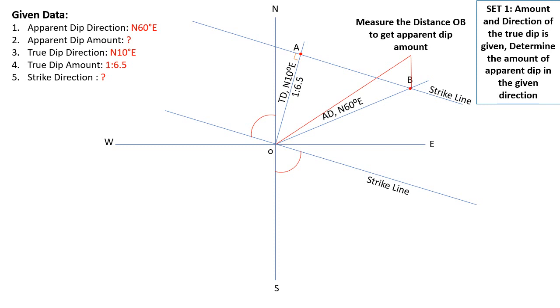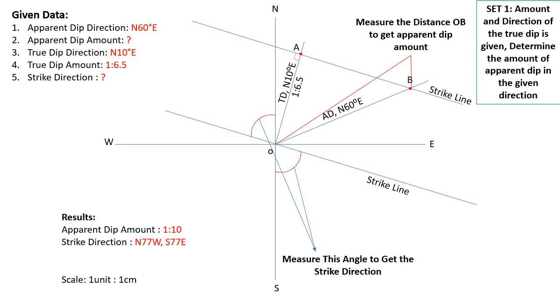Okay, so from south, what is this direction? From north, what is the direction we will measure? And that is the strike direction. So here we have used 1:1 scale, that is one unit is 1 centimeter. So this is how we are going to solve all the problems.